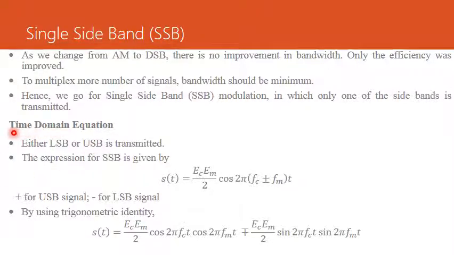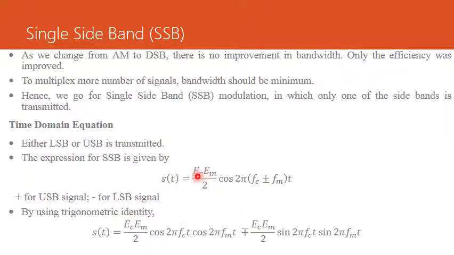Now we'll detail the time domain equation. The expression for the single sideband is given by s(t) = Ec Em/2 cos 2π(Fc ± Fm)t. The plus represents the upper sideband signal and the minus represents the lower sideband signal.